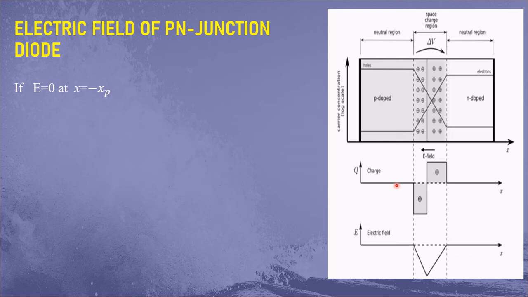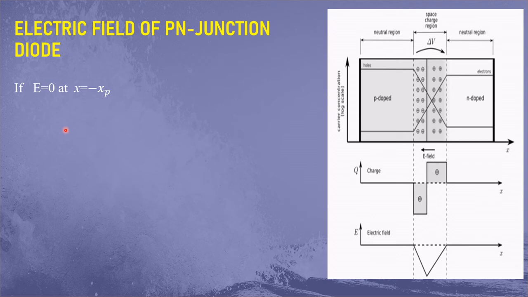As there are no surface charge densities within the p-n junction structure, the electric field is a continuous function, and the constant of integration is determined by setting E equal to 0 at x equal to minus xp.